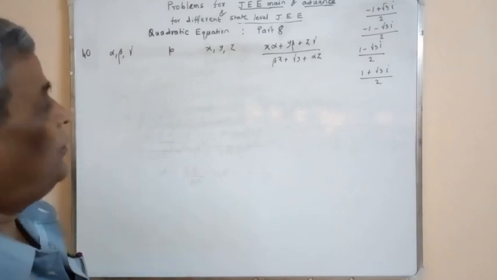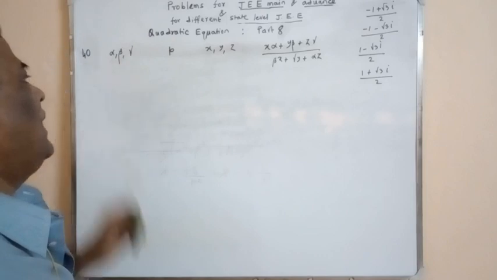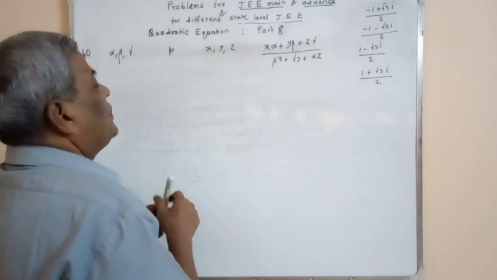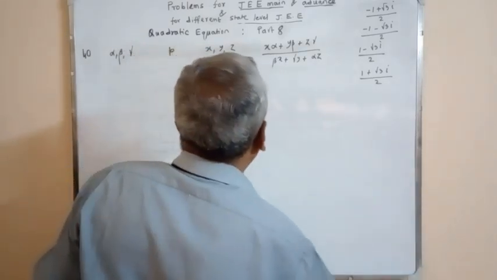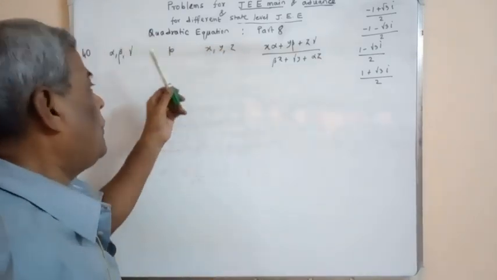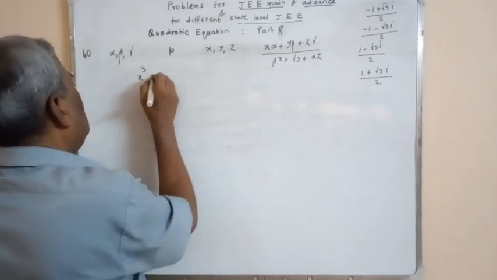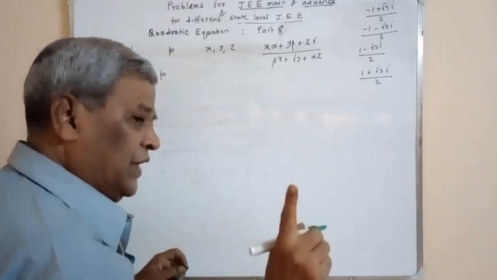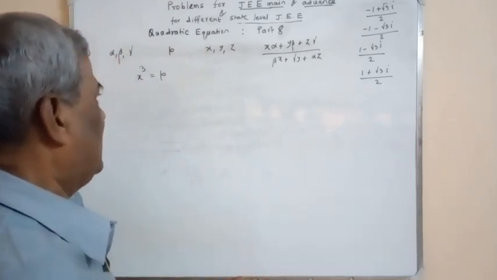Let us see what the exact problem is. It is given that alpha, beta, gamma are the cube roots of a positive number p. It means x cube is equal to p. By solving this equation, we get three roots: one is alpha, the next is beta, the next is gamma.